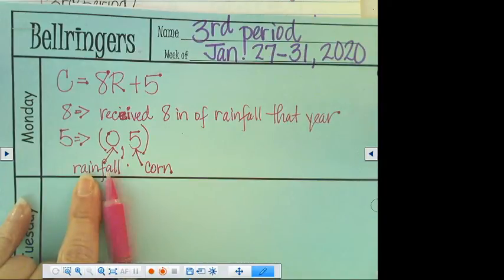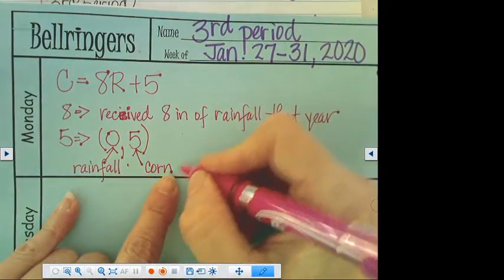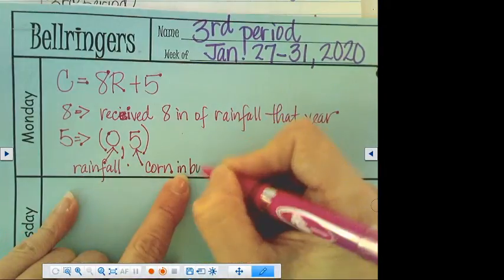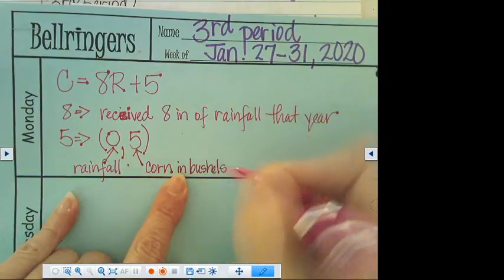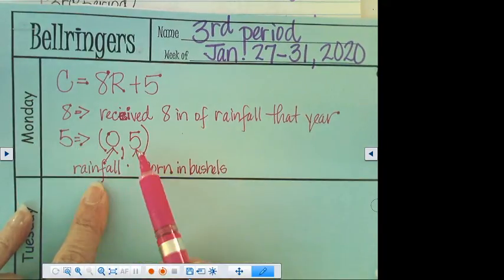By the way, the C is the corn production in bushels. So this is corn in bushels, pretty much. So what does the 0-5 ordered pair tell us about 5?